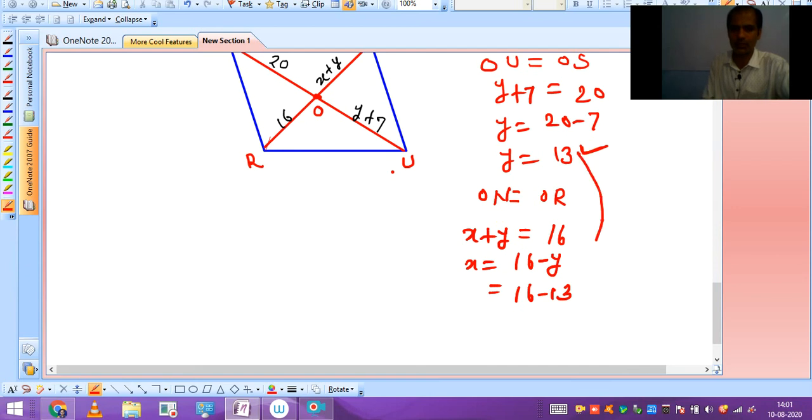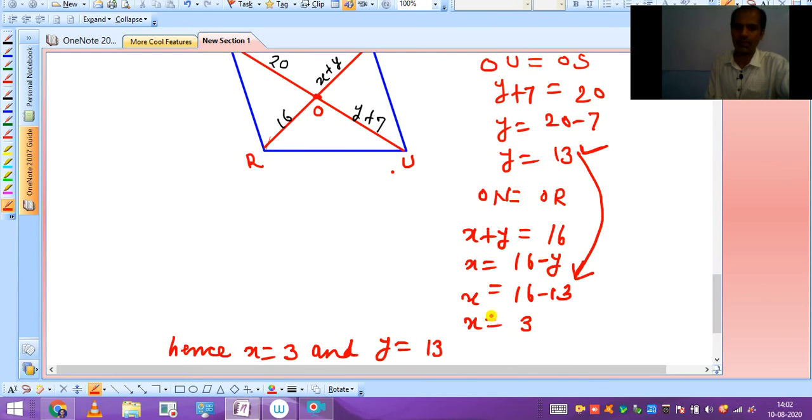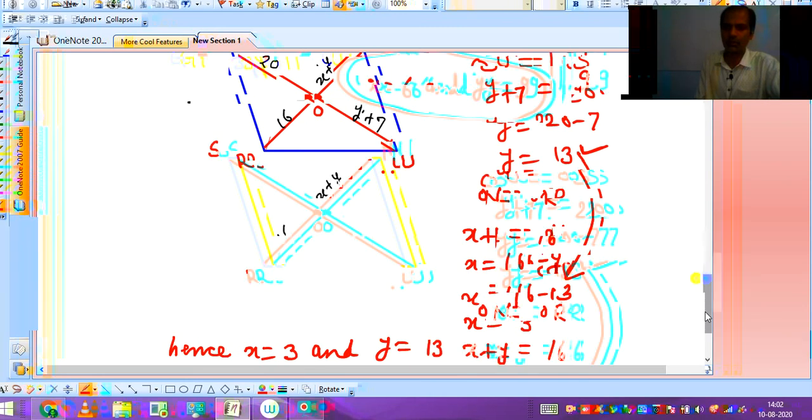Listen, this value of y is used here. So, x is equal to 3. Hence, we can write x equals 3 and y equals 13.